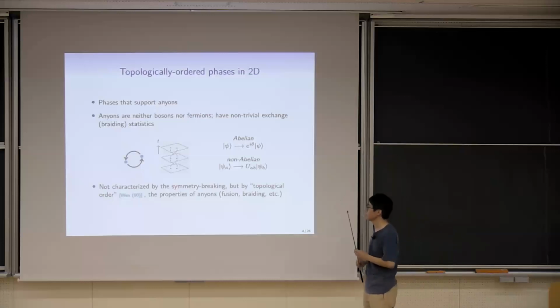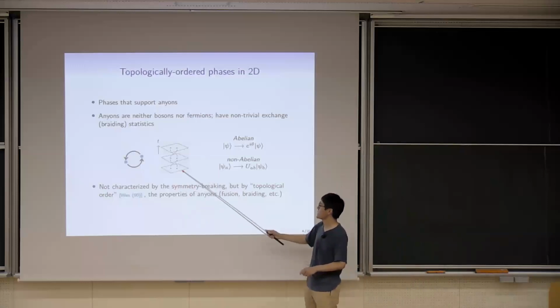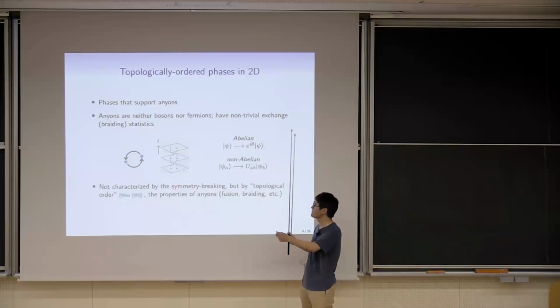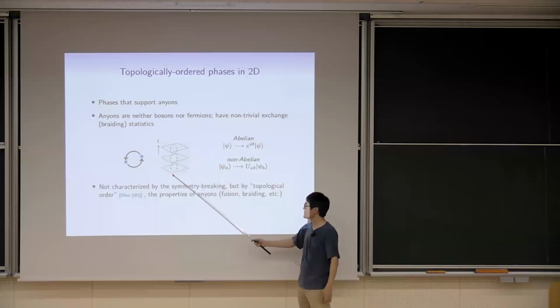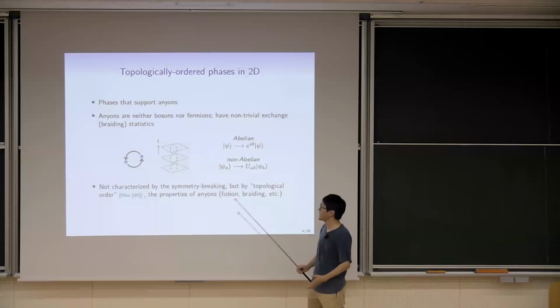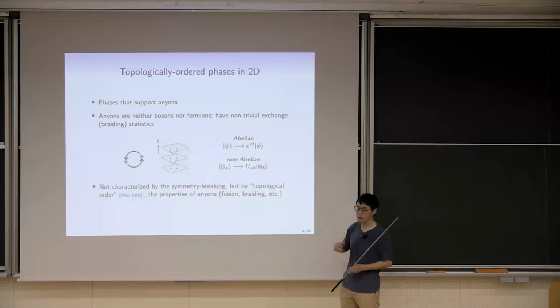Usually, if you exchange quantum particles, I have a picture here, as you exchange quantum particles like we see along these trajectories, quantum wave functions typically pick up either a plus or minus sign, depending on the type of fundamental particles you have.